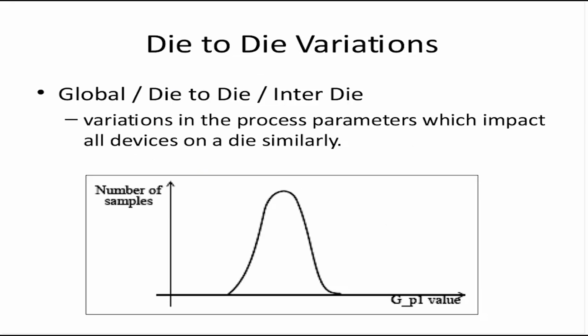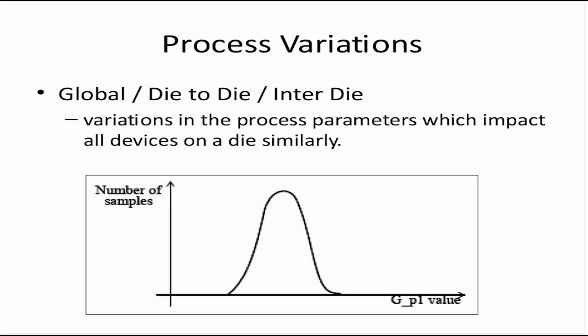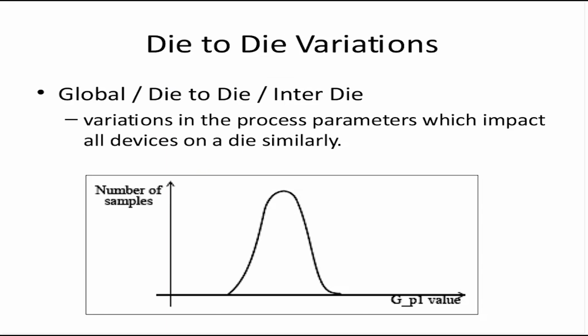Now let's look at die to die variation. This category, non-systematic, die to die. Systematic variations, as I told you, require correction in the fabrication process, and some of the within die variation you cannot fix in your fabrication process. So let's look at the die to die first. Die to die variations are called global variations.